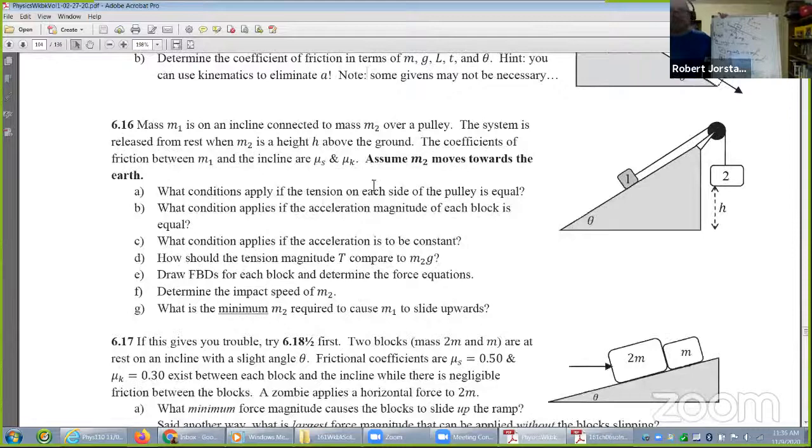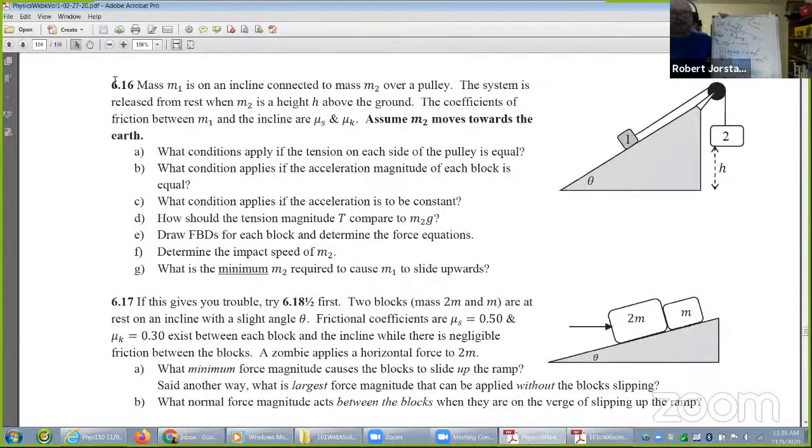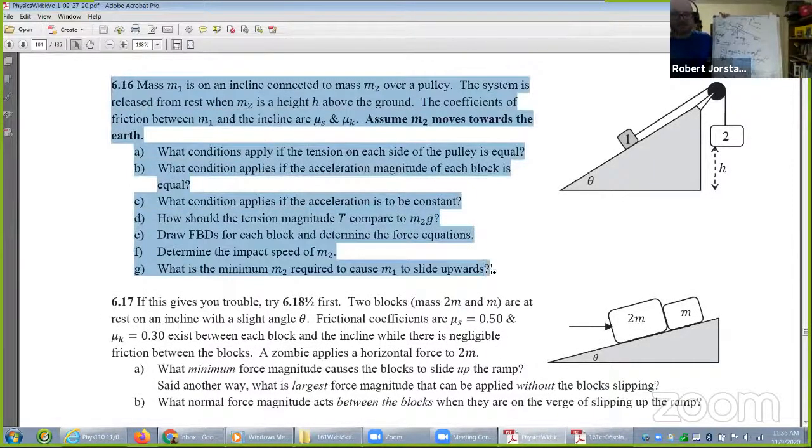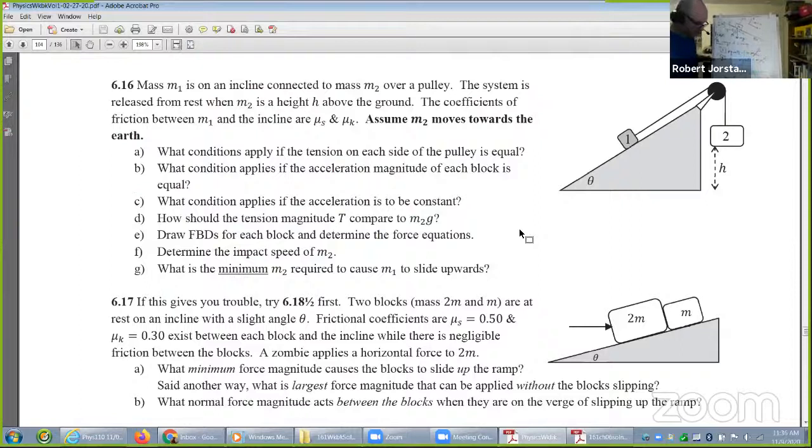All right, let's try this one right here, 6.16. Let's see what we could do with this, all right? I'm going to let you read this for a second, and I'm going to get my whiteboard cleaned up. If there's any questions, unmute anytime, ask the chat. You could ask Jay, ask me, let's get this party going here.